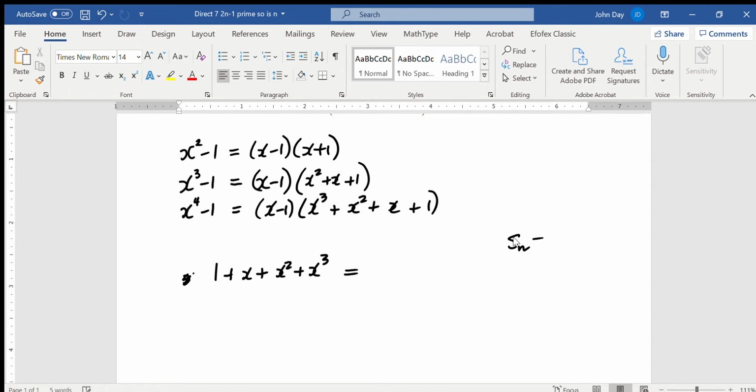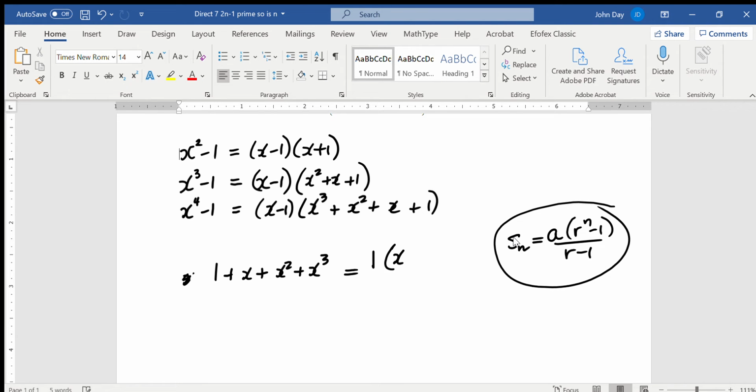you would be using that formula that the geometric series sum is a times (r to the n minus 1) over (r minus 1). When you plug the numbers in, you'd get 1 times (x to the 4 minus 1) over (x minus 1), because your common ratio is x here. You times by x to get from the first term to the second, and the second to the third, and so on.